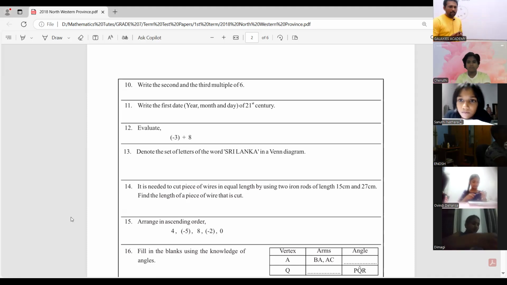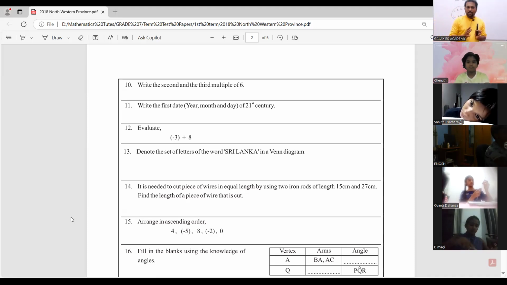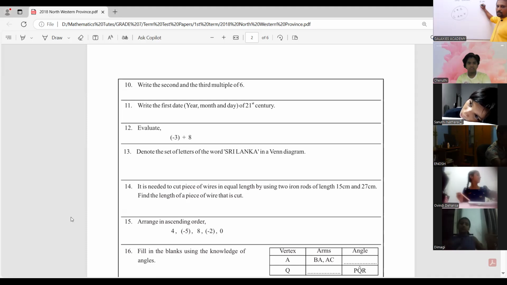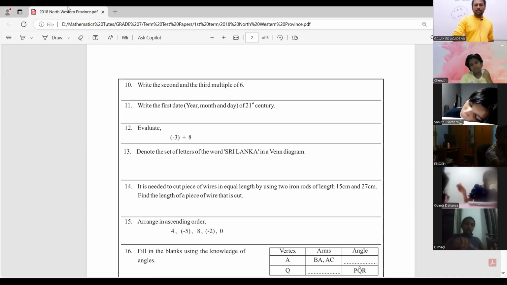It is needed to cut pieces of wires in equal length by using 2 iron rods, right? 15 centimeters and 27 centimeters. Find the length of a piece of wire that is cut.